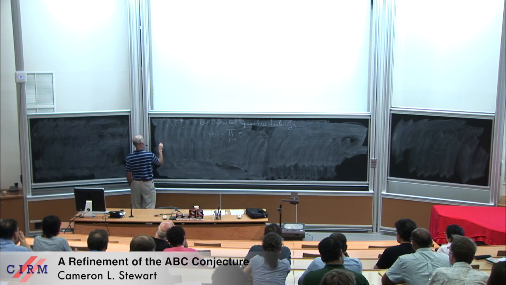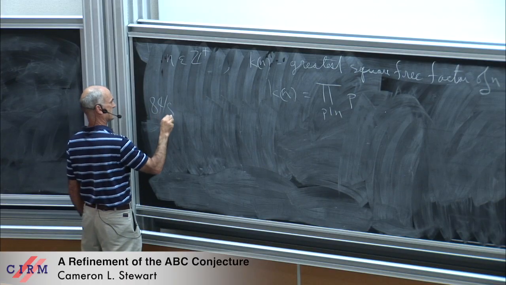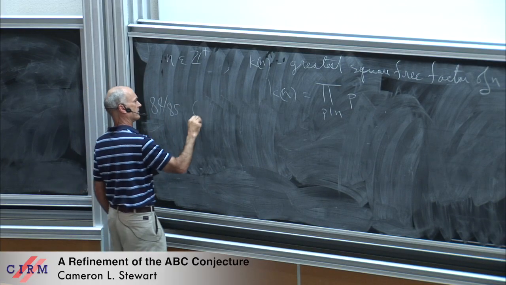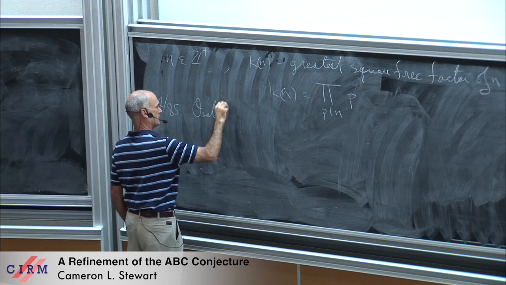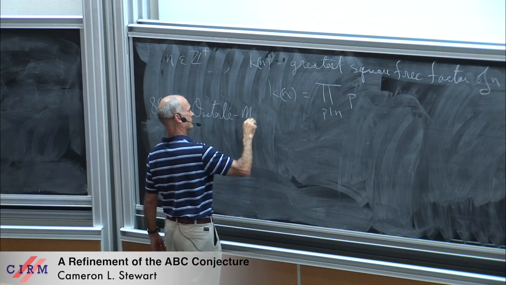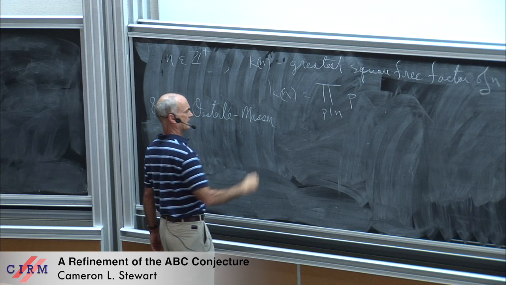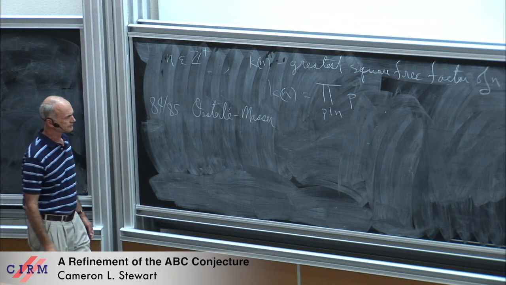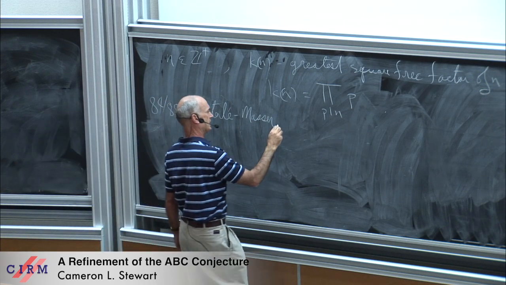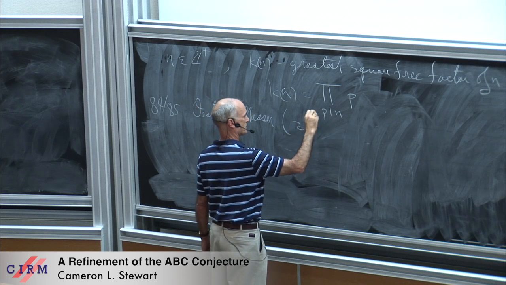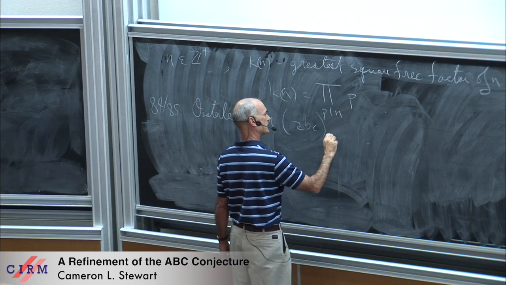And of course, the ABC conjecture is this absolutely marvelous conjecture due to Oesterle and Masser from '84, '85. What did they conjecture?